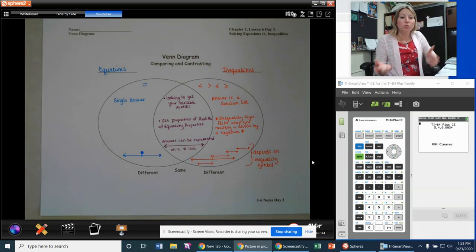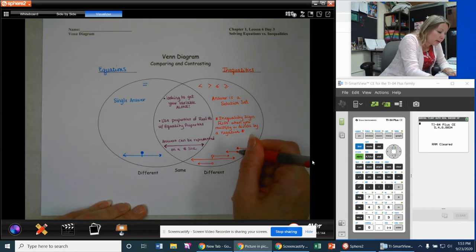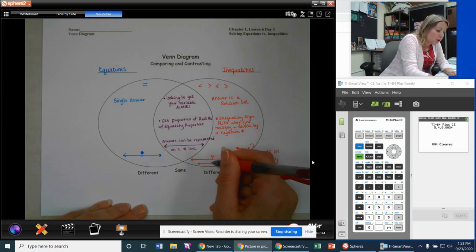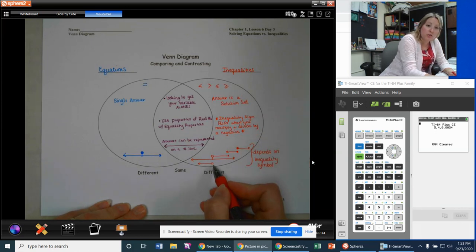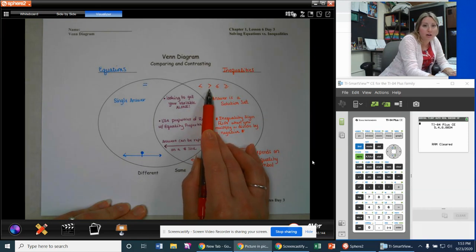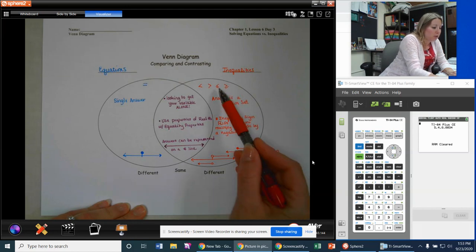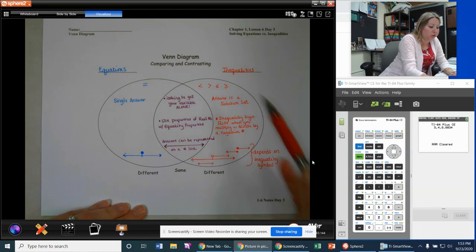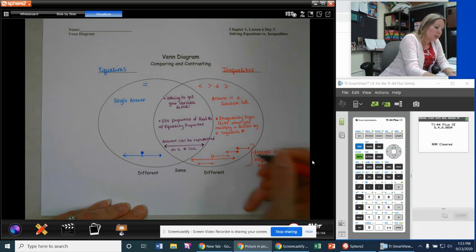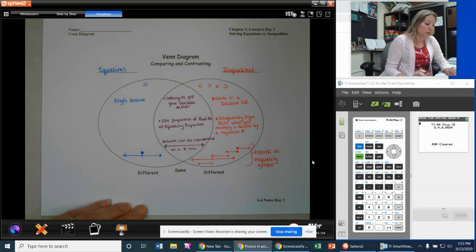Your solution set is represented on a number line dependent on what was the symbol that got me there in the first place. The open circle symbols are the symbols that do not have an equal to part. The closed dot symbols are the symbols that have the extra piece, which is the equal sign underneath the inequality. Okay, and that's the extra piece.